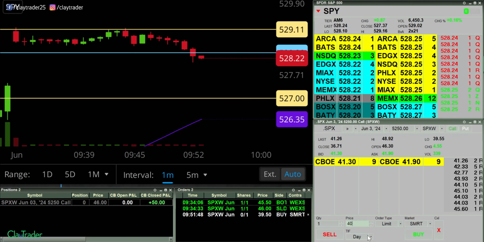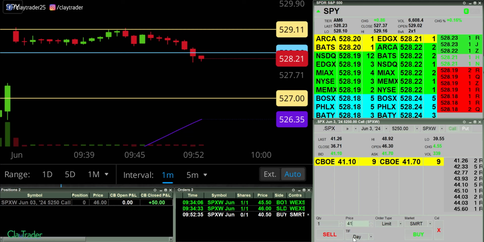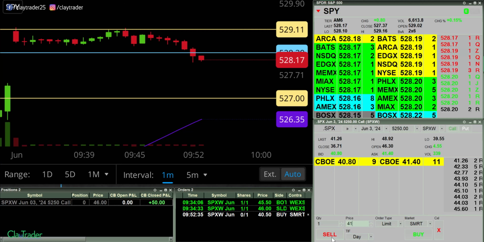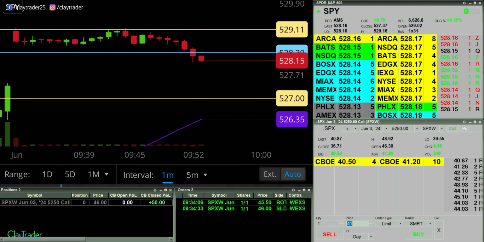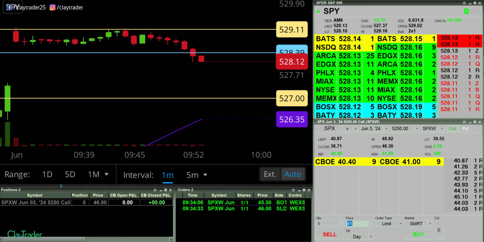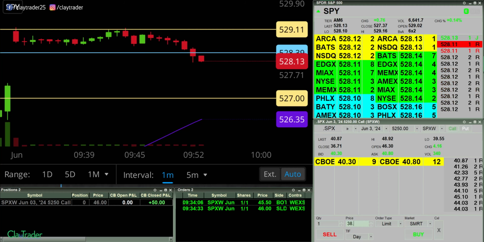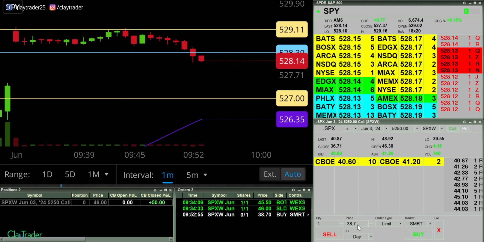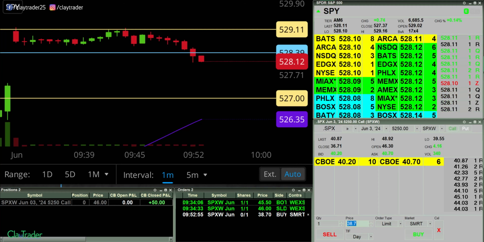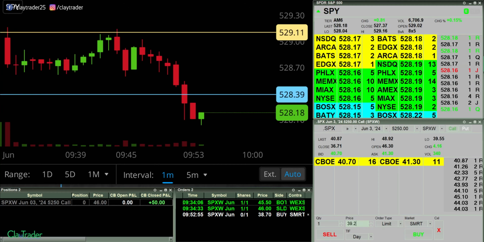All right, I'll pause, but I'll keep a close eye on it. All right, going to go at 40.50 here now instead. That feels like too much of a forced trade, because I'm a little irritated about that other one. $38.70. Look for this thing to come down a bit more.